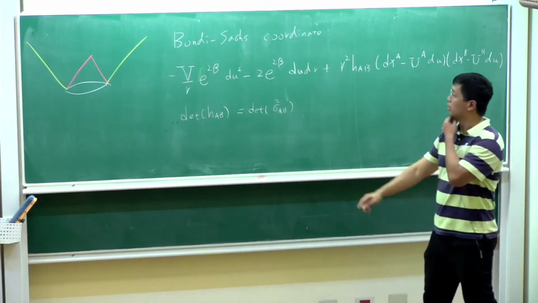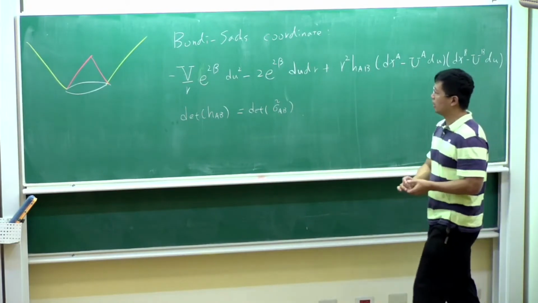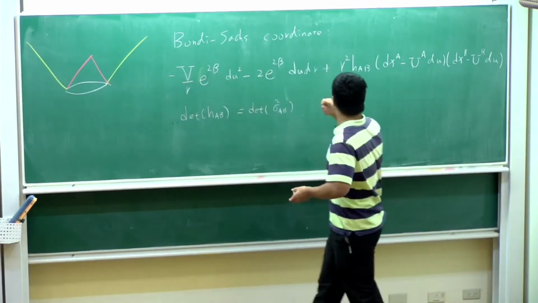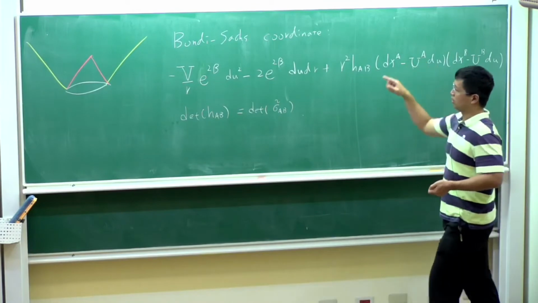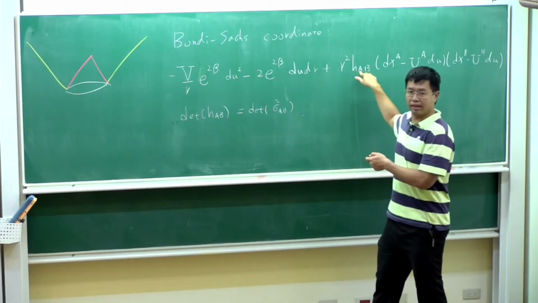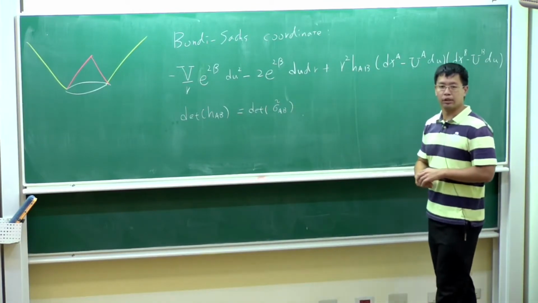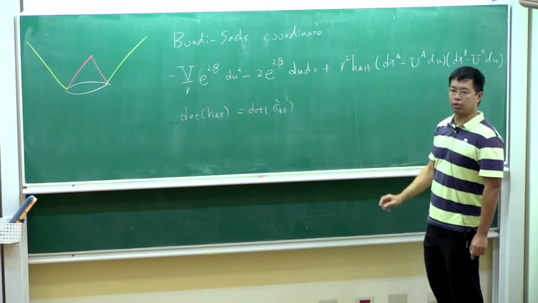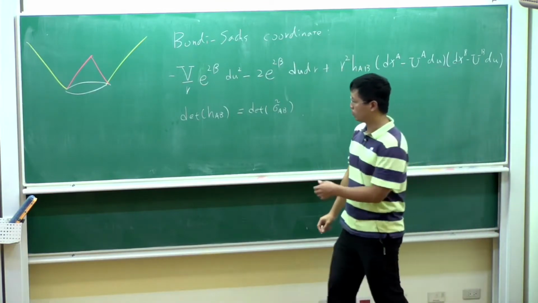Okay, so these are the coordinate conditions. Again, there's 1, 2, 3, 4, and then 2 more, so 5, 6 freedoms left in this coordinate choice. Okay.